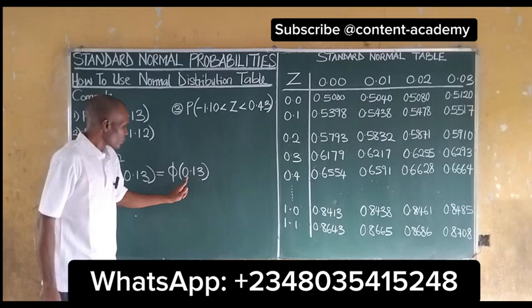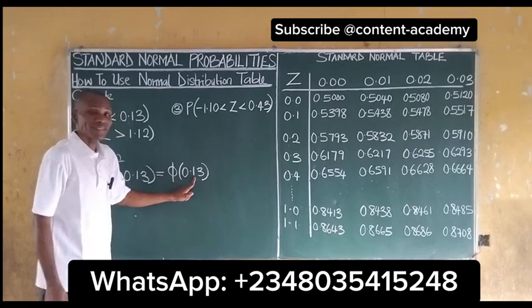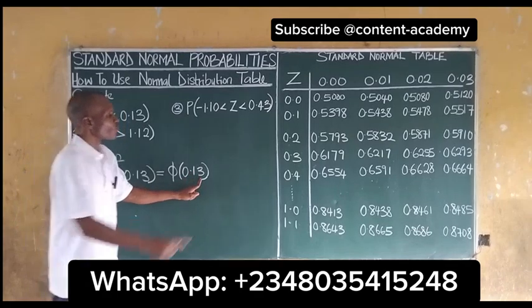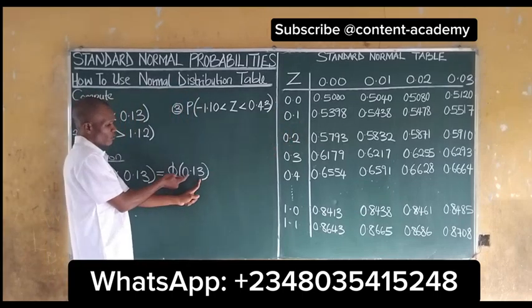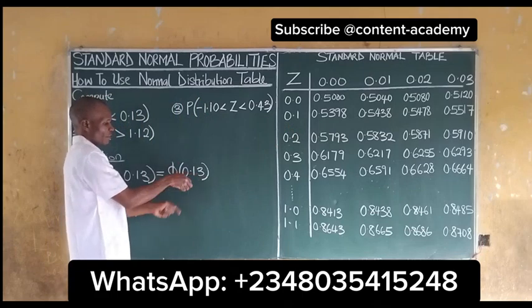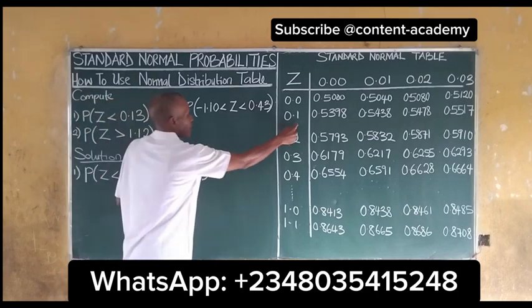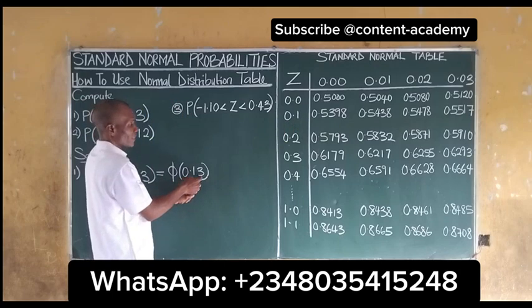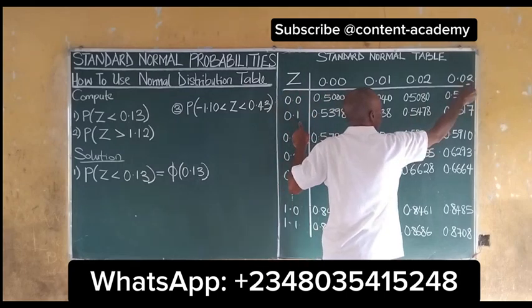Listen, you look for 0.1 under 0.00. So this is 0.1. Now under 0.00, because we have three numbers here. We have 0.1 under 0.03.